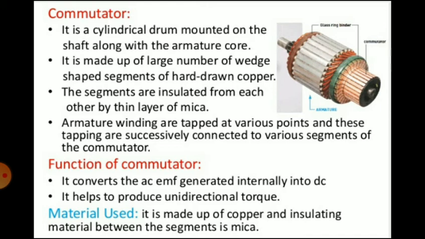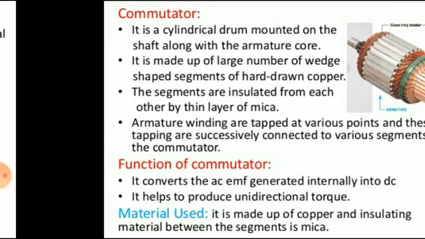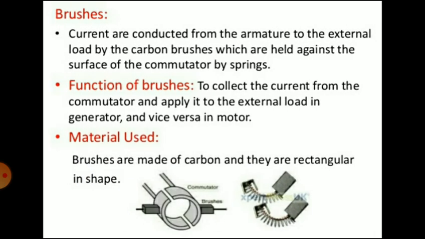The armature winding is tapped at various points, and these tappings are successively connected to various segments of the commutator. The function of the commutator is to convert the AC EMF generated internally into DC, and it helps to produce unidirectional torque.